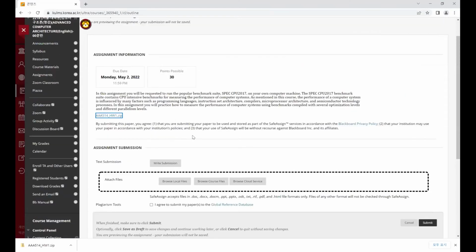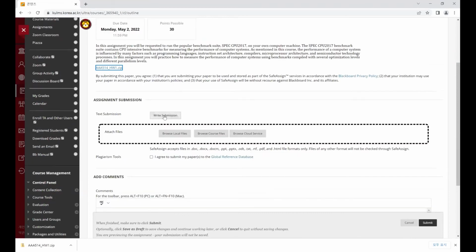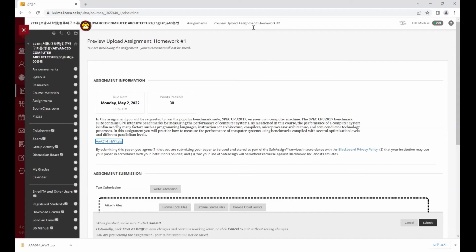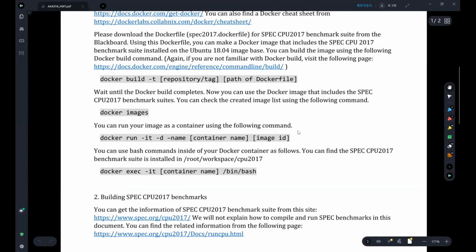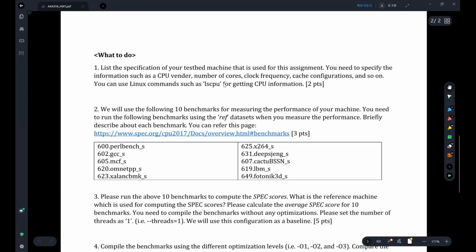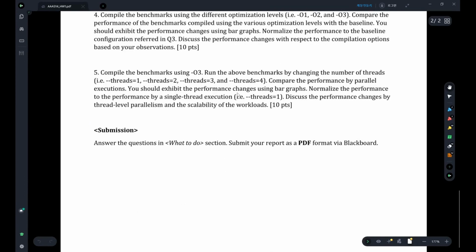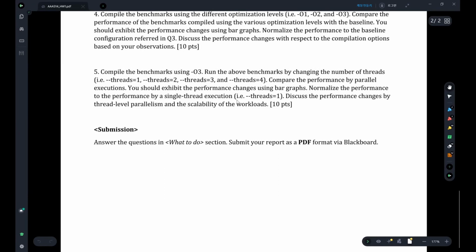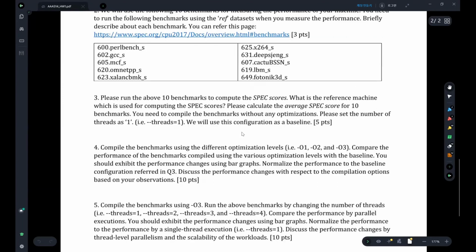So this is the first homework assignment, and you can download the file from here. Then you need to answer the questions in the what-to-do section here, and you can submit your homework report via Blackboard.